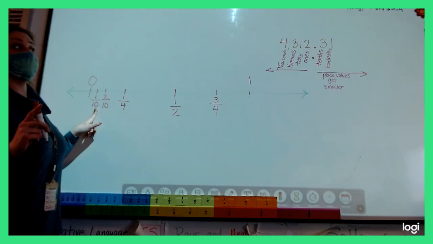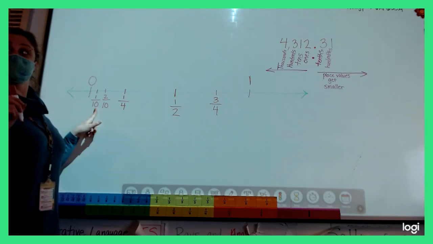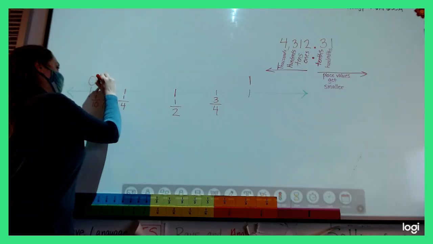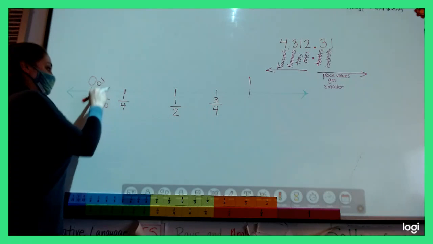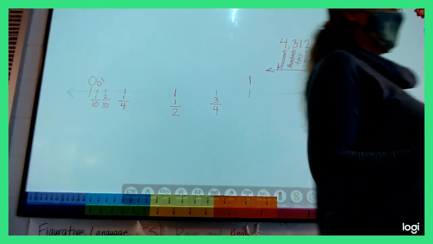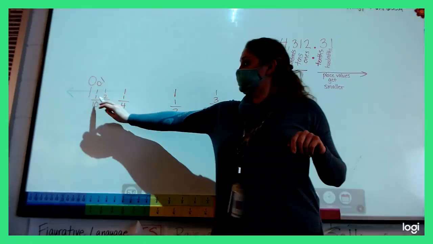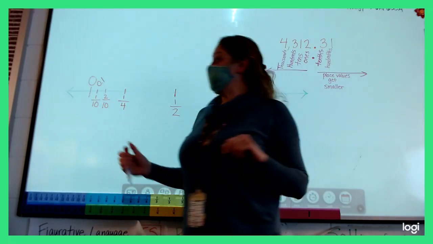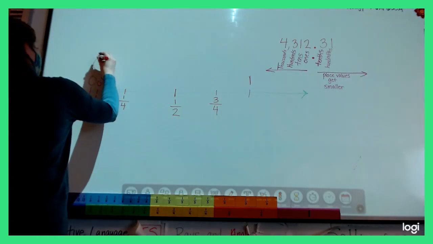Any idea? 1/10, Josiah? 0.1. Nice job, because we're still learning. You got it. 0.1. Those mean the exact same thing. Okay? So you have to remember that. What means the same thing as? 1/10 as a fraction is the same as 1/10 as a decimal. Okay? And this is saying like I've got 10 cents.